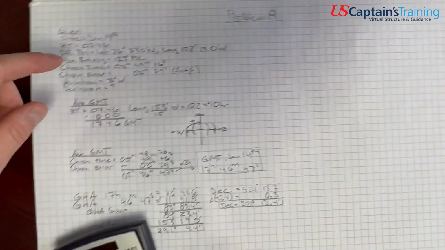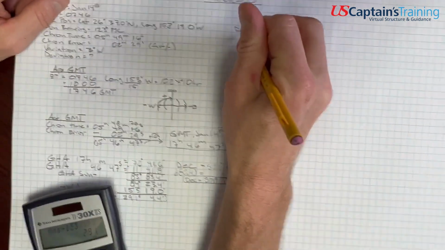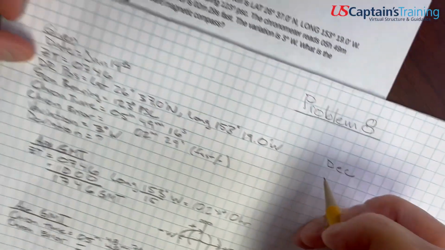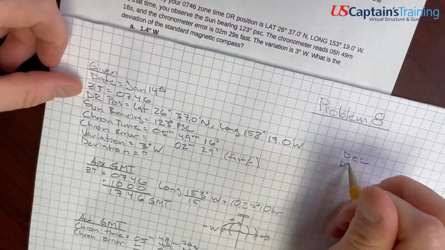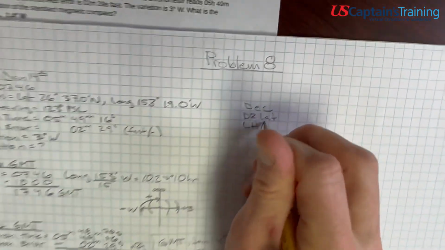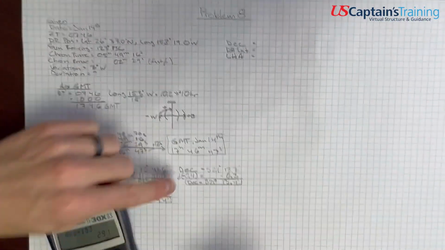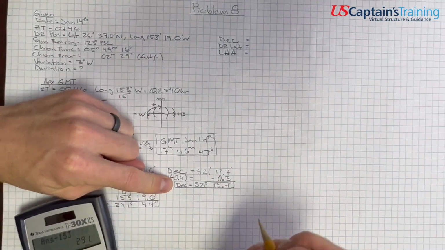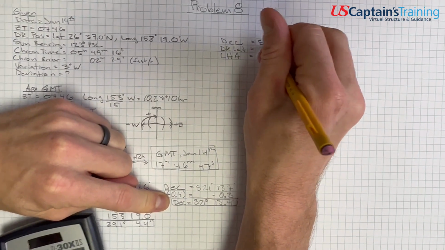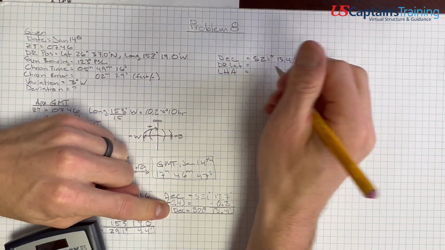Now we're going to bring it up into a table. We're going to say our declination is one that we need, our DR lat. Need that in the table, and our LHA of the sun. Now, declination, south 21 degrees, 13.4 minutes.